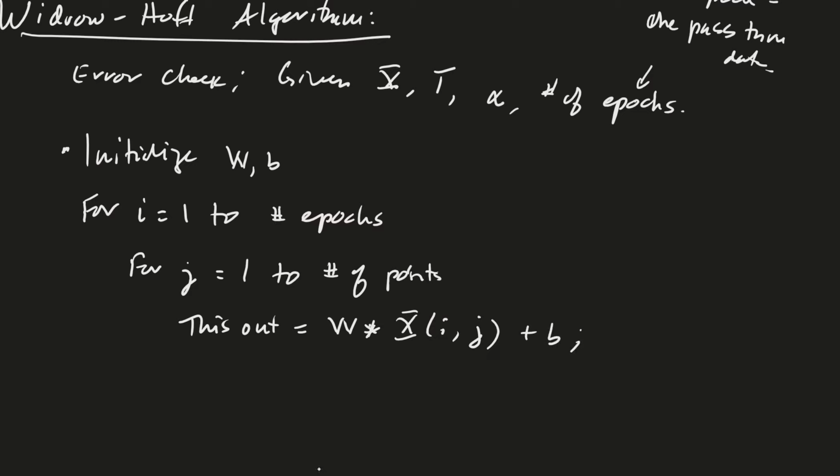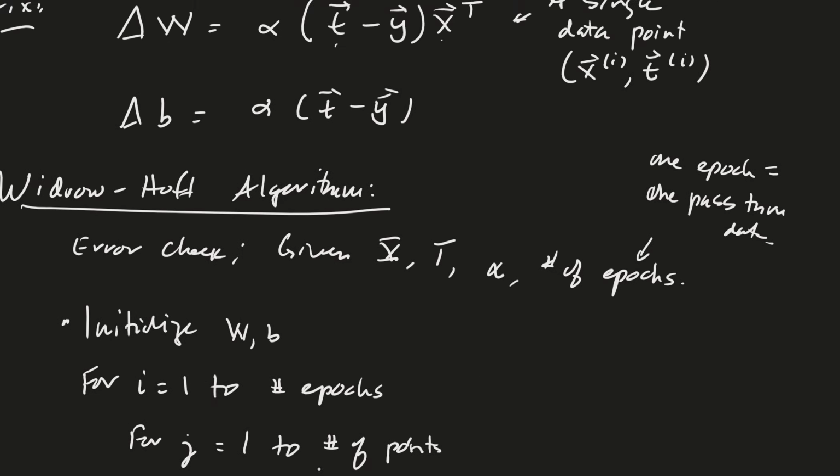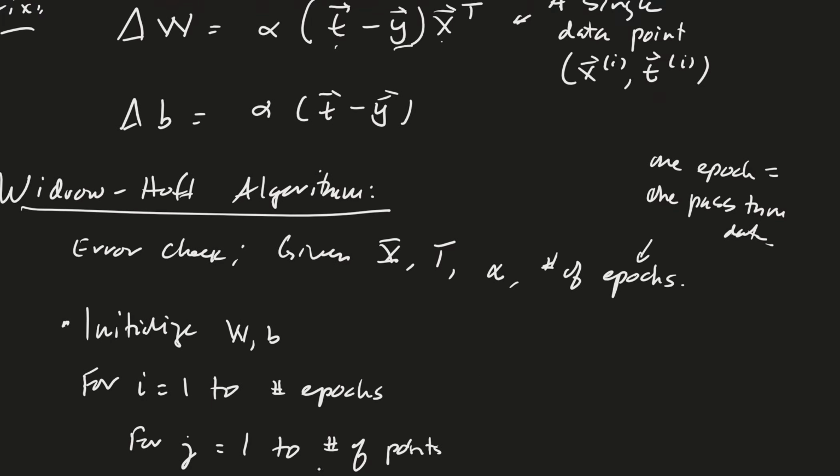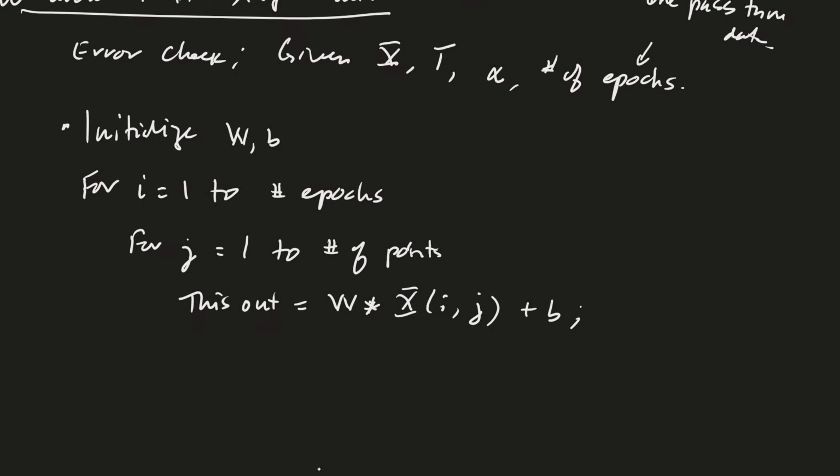And then what do we need for our algorithm here? I've computed the y so far. I need to get the t minus y as the error. So this error is equal to t j minus this out.